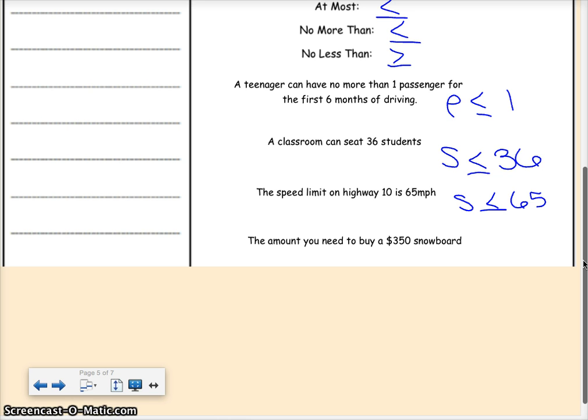I always say, can I be that amount? The amount you need to buy a $350 snowboard. The amount you need. So do you want more than $350 or less than $350? More than. You want your money to be more than $350 bucks. Can you equal 350? Yeah. Yep, you're broke. You have no money left if you equal. That's your learning targets today.